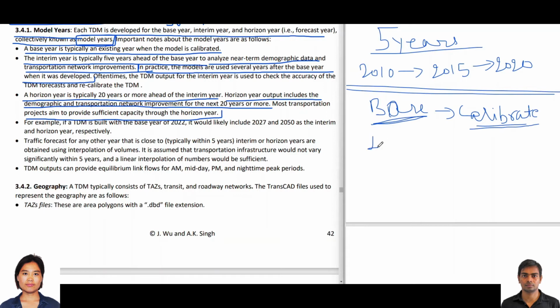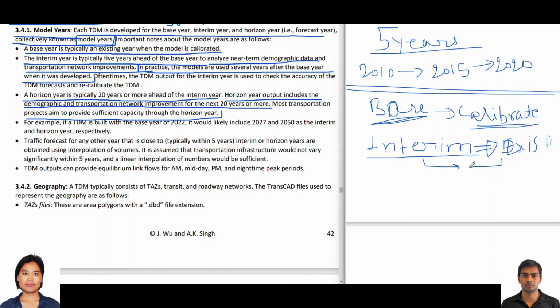What we play with is the entry year, because by the time we are using the model, we are already close to the entry year. So we look at the entry year, then we look at our existing data, and figure out how close the entry year model output is to the counts.